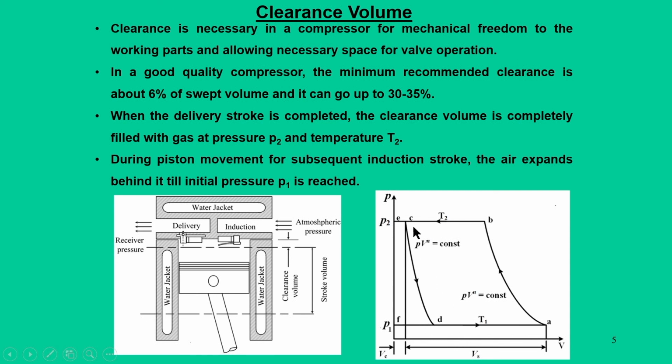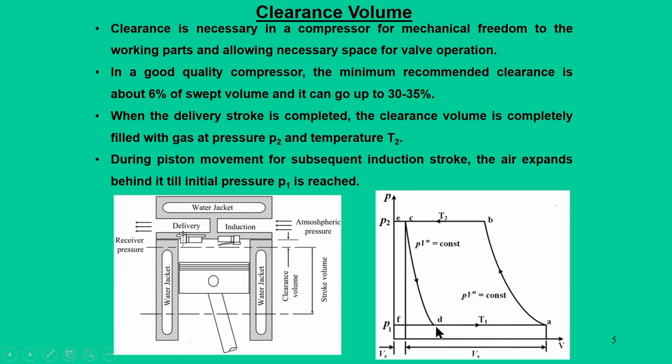When they expand, the volume which was at C now expands, and finally the pressure comes down to P1, and the actual volume that gets induced, from D to A, is V A minus V D.